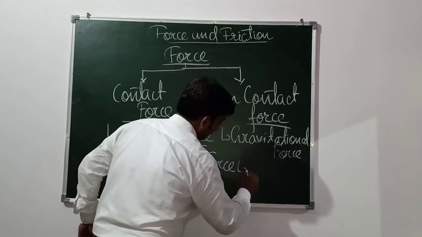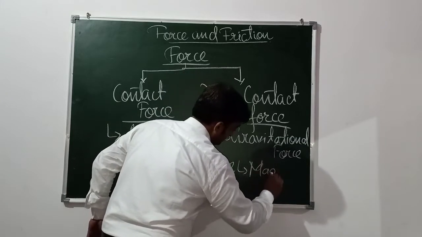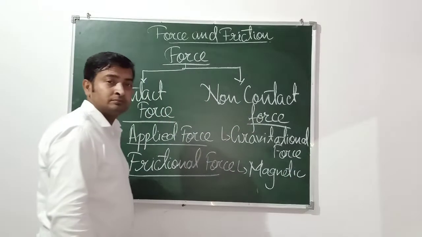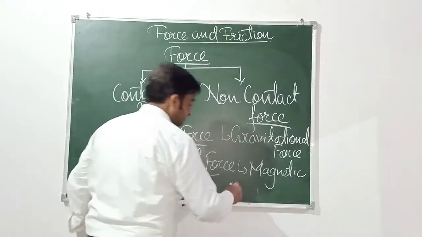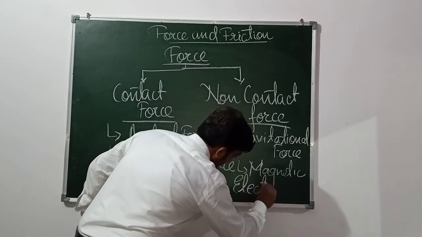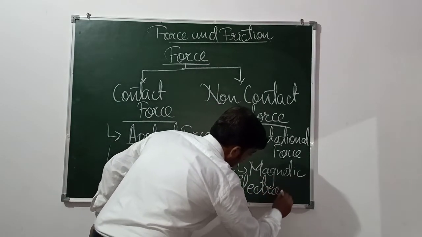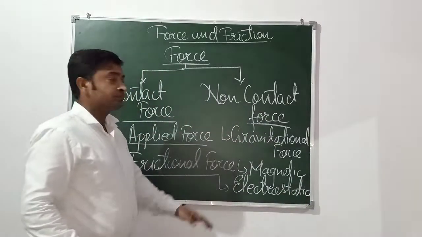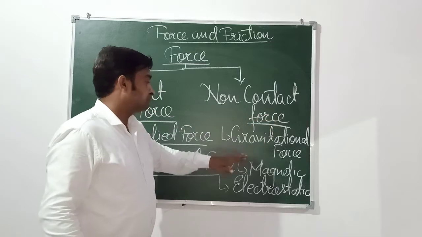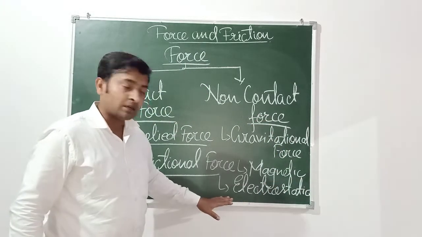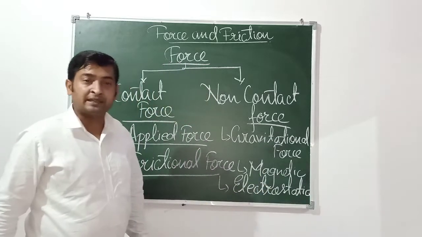Next is magnetic force. Number 3rd is electrostatic force. Non-contact forces are what? One is gravitational force, another is magnetic force, and the third one is electrostatic force.